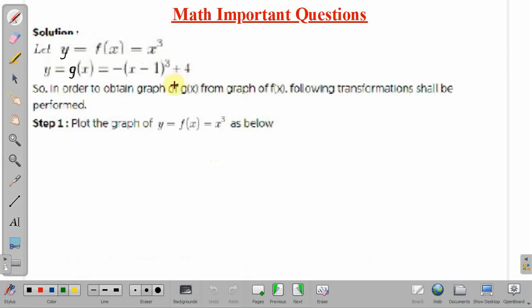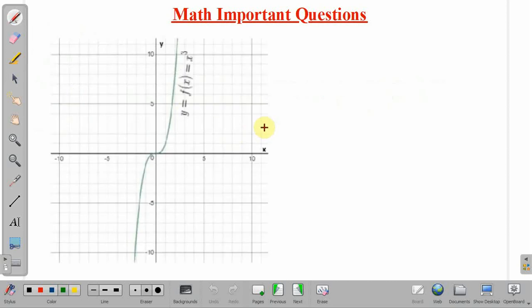In order to obtain the graph of g(x) from the graph of f(x), the following transformations shall be performed. Step by step we will see how. First, the graph of f(x), that is y equal to x cube, shall be plotted. It will be like this. This is our basic graph.